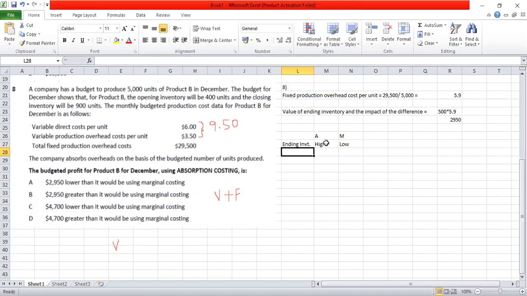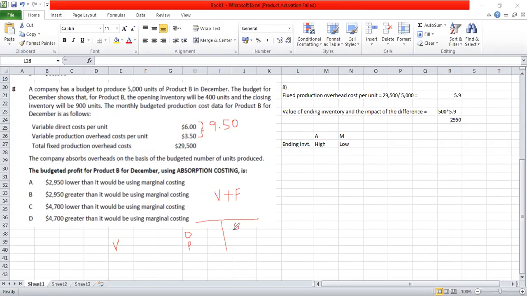If the ending inventory value is high, what does it indicate? See, the total costs are accounted for on the debit side. We have the opening stock, we have the production cost. From this, the cost of goods sold is deducted, the sales part of it.